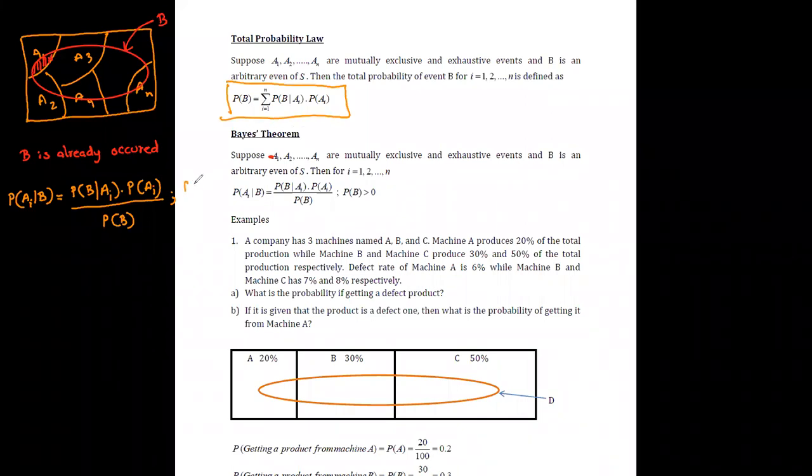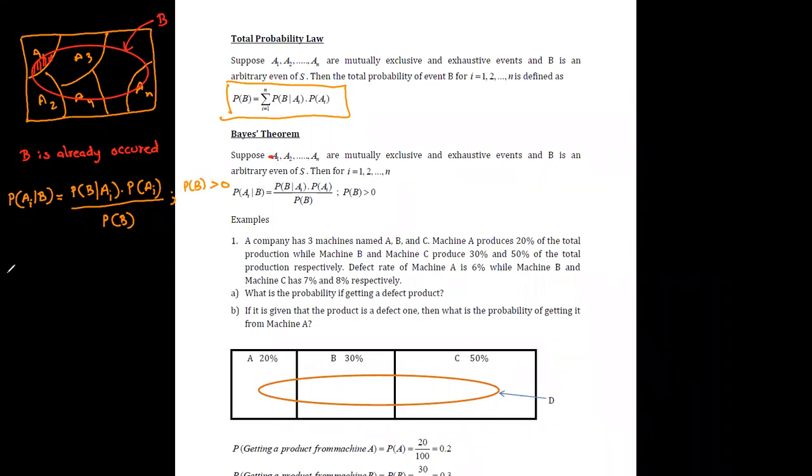And we know that probability of B is greater than 0, because B is the already occurred event. Then instead of probability of event B, the priorly happened event, we can substitute this quantity from the law of total probability.